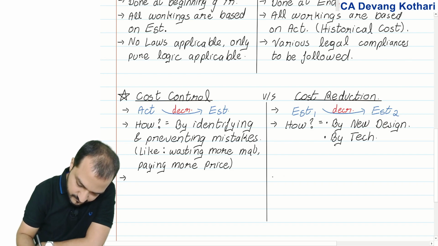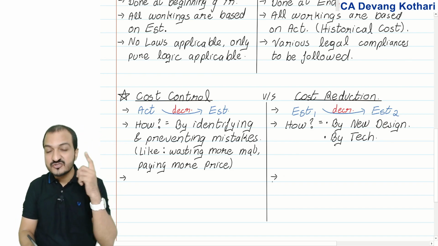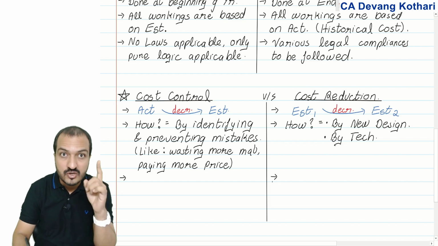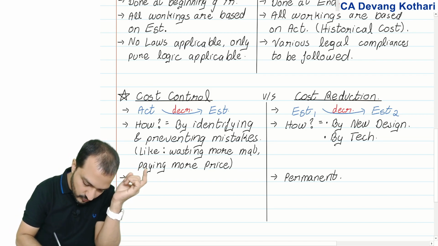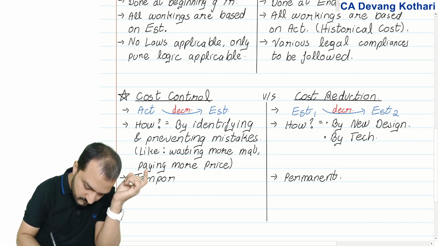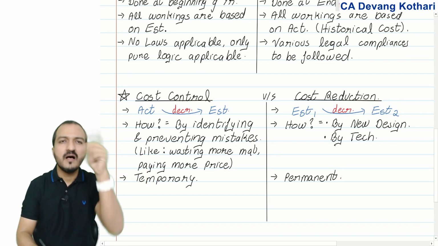Based on that, there is one last difference here. I say that cost reduction is permanent, while cost control is temporary. I'll tell you why.